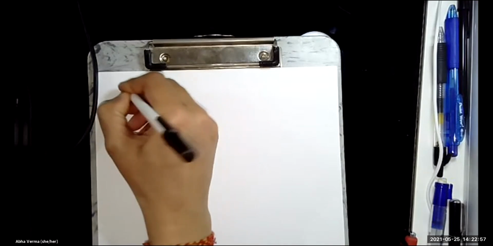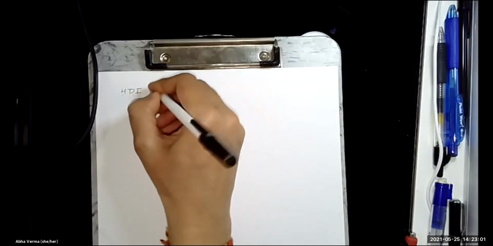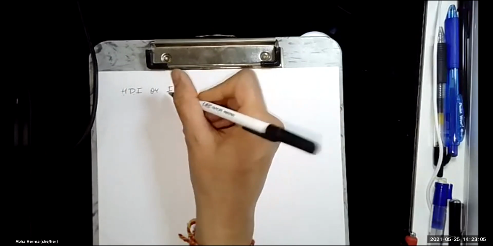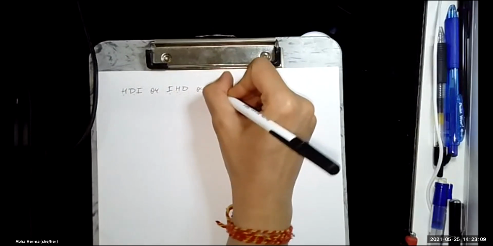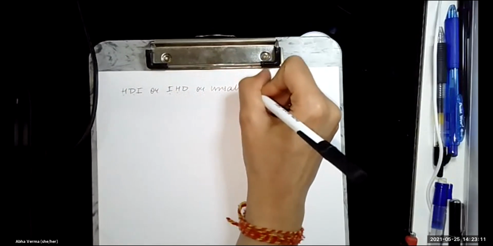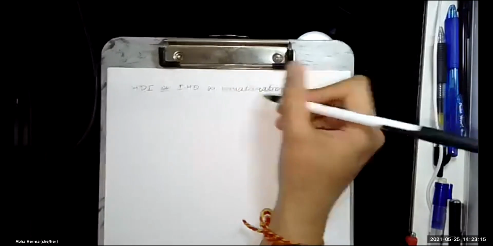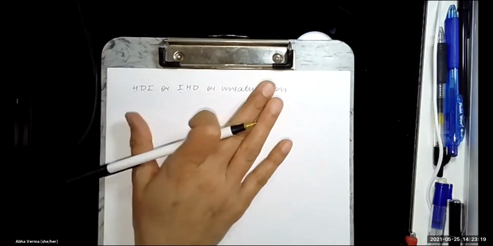And so HDI, hydrogen deficiency index, or IHD, index of hydrogen deficiency, or unsaturation. All of these terms mean the same thing.